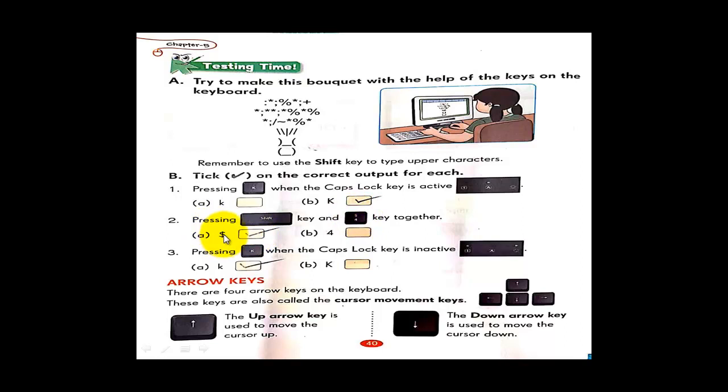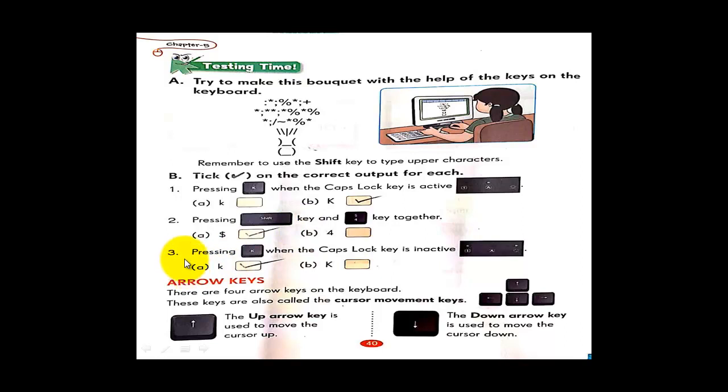If you press only the key without shift, 4 will be displayed, but here we are pressing the shift key and this key together, so the dollar sign will be displayed on the screen. So tick on option number A, dollar sign there.